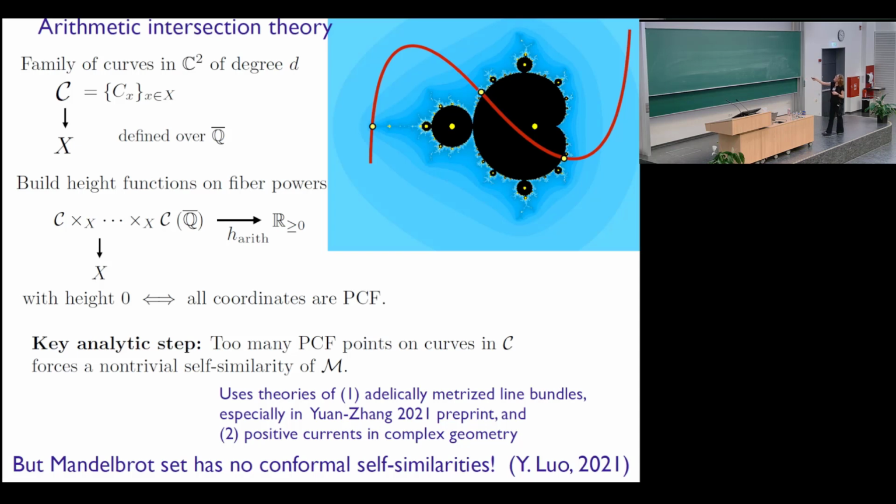And at the end of the day, we reduce it to observing that the Mandelbrot set has no conformal, or algebraic in our setting, but anyway, certainly no conformal self-similarities, which was really only formalized very recently by Yusheng Luo as one of the results he proved in his thesis just a few years ago. Well, he finished a few years before this, but it was published in 2021. So Yusheng Luo gave a nice proof that shows that the Mandelbrot set has no conformal self-similarities, which might surprise you.